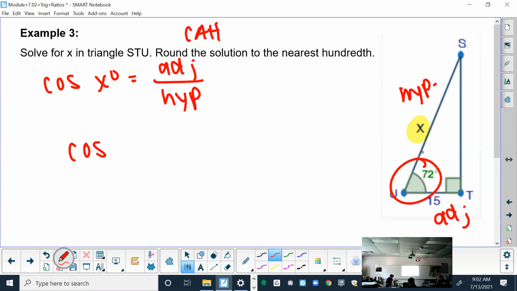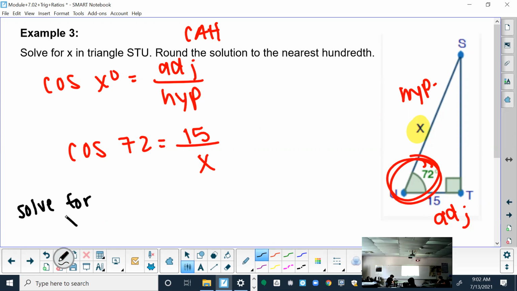The angle measure that they gave you is 72. The adjacent side equals 15, and the hypotenuse equals x. So setting it up according to the rule. Now we're just solving for x, or isolating the x.